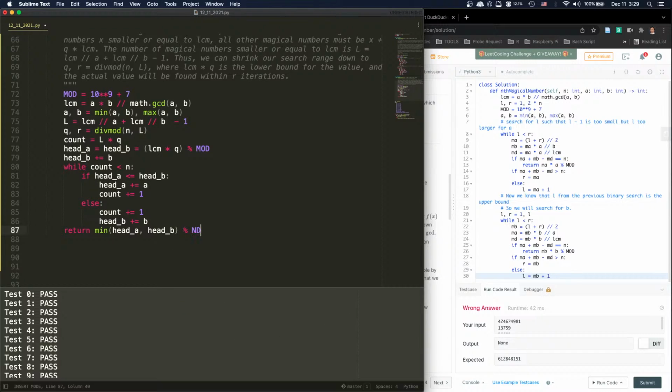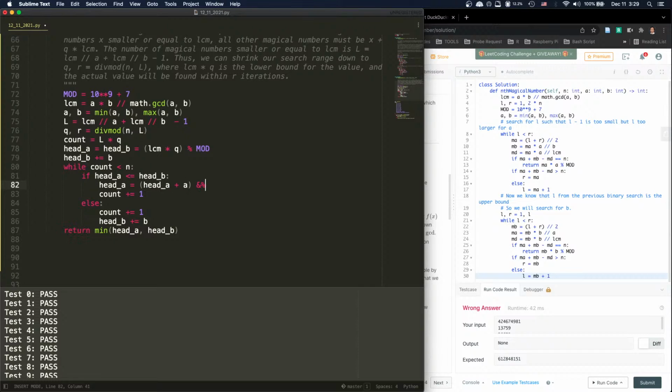It's a mod. Why don't we mod here? We can mod here, it's fine.